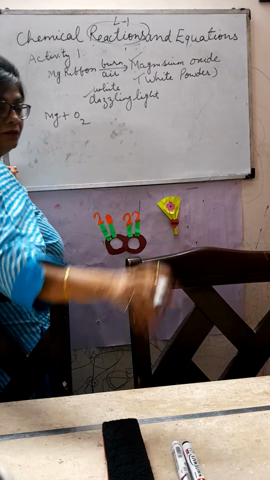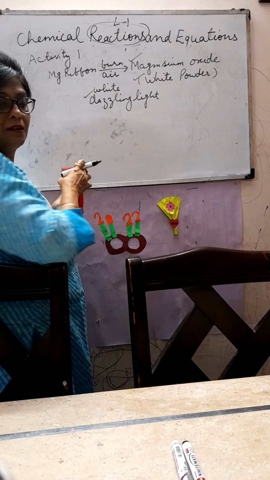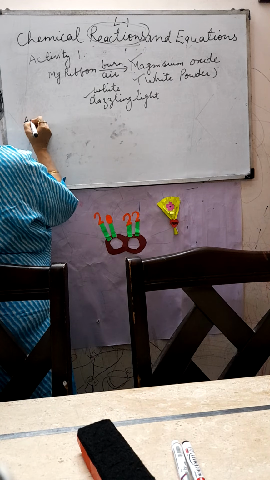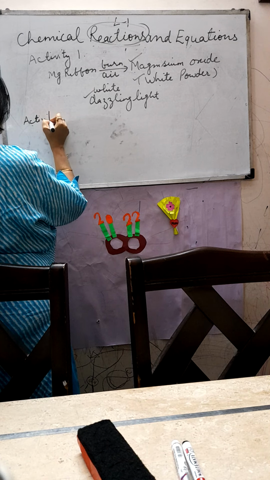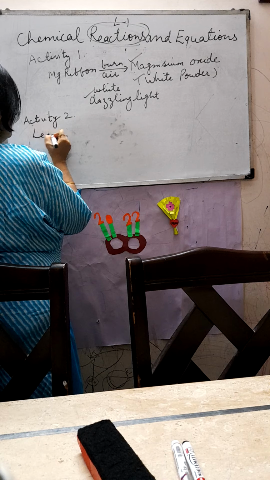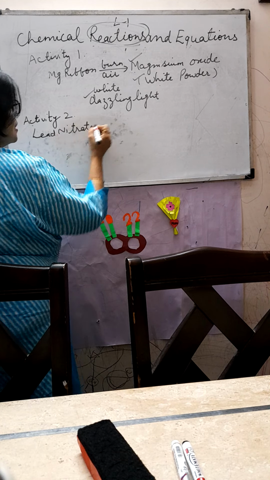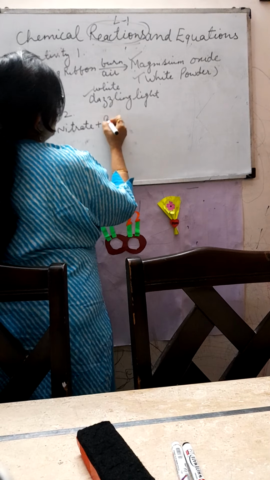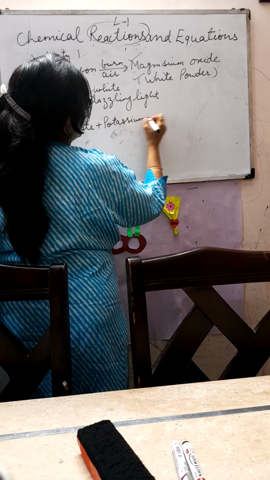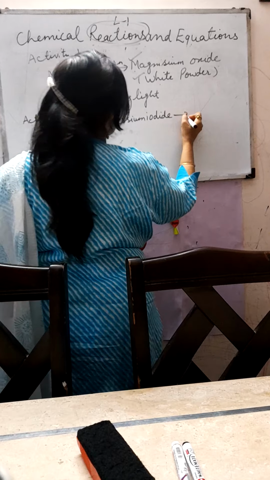Second activity. In second activity, we will say that you have to take lead nitrate solution plus potassium iodide in a test tube.